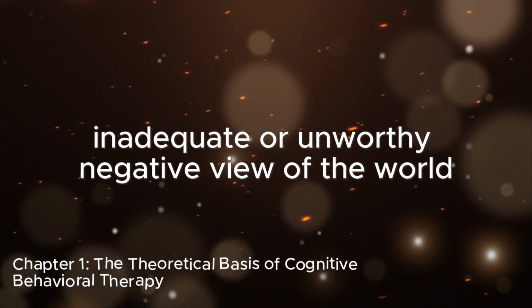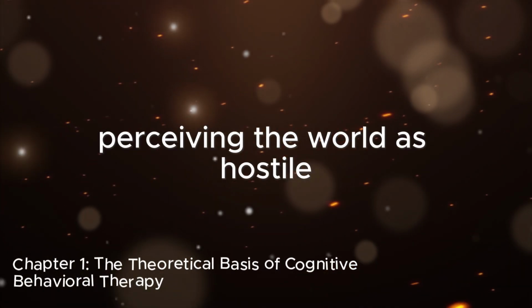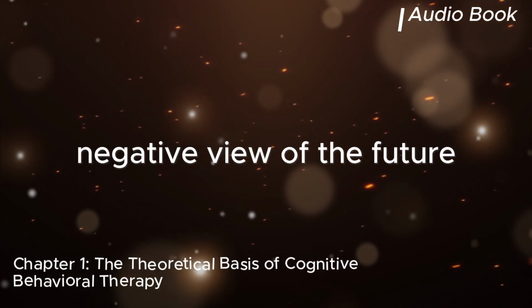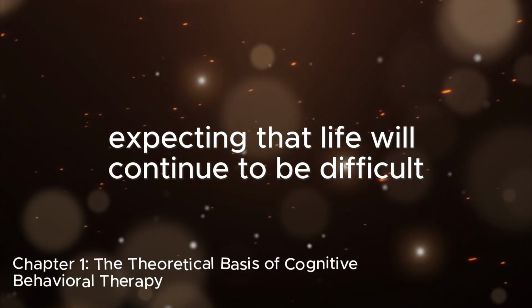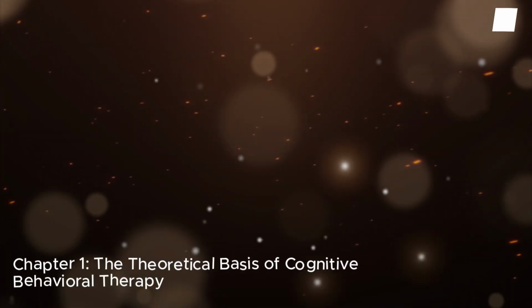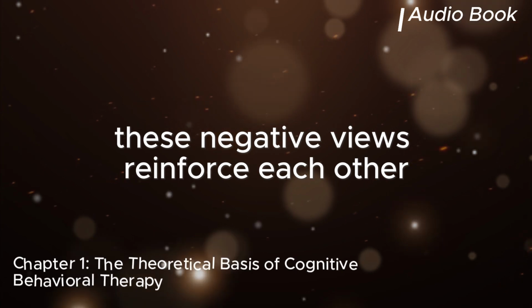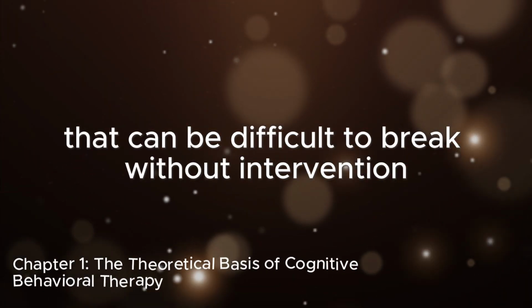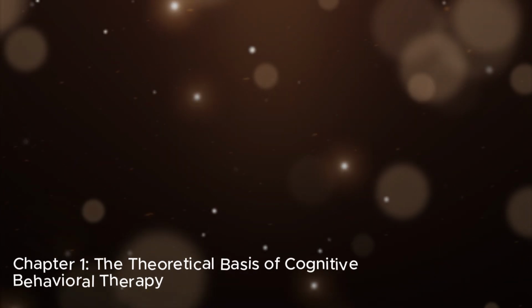Negative view of the world, perceiving the world as hostile, unfair, or full of obstacles. Negative view of the future, expecting that life will continue to be difficult and that things will not improve. These negative views reinforce each other, creating a cycle of depression that can be difficult to break without intervention.